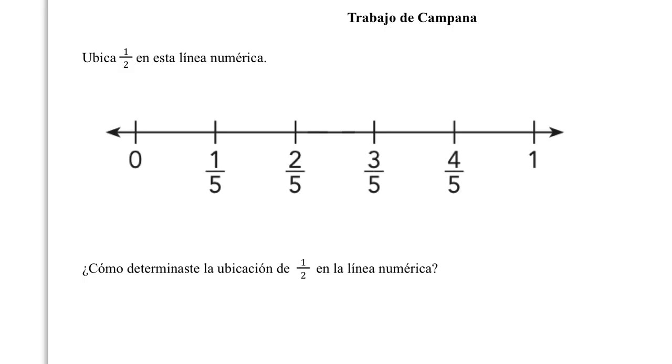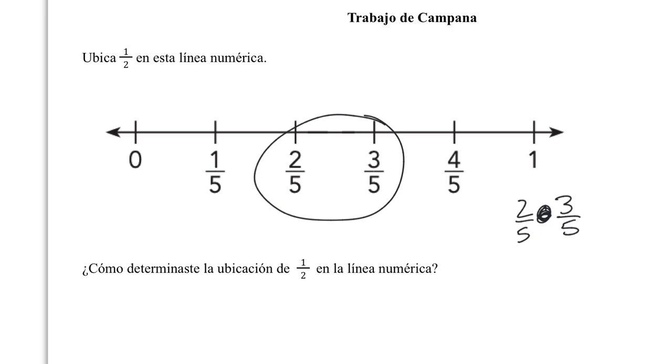Okay, so I want you to think about this. If I know that this is the half, so I know that somewhere between 2/5 and 3/5, somewhere in here, there has to be my half. Now, 2/5 is less than 1/2, right?